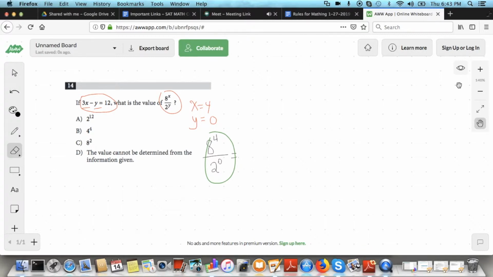Wait, well, what do you mean? 8 to the power of 4 over 1, which is what? 8 to the power of 4. 8 to the power of 4, at the very least, right? Whatever that is, I'm not too worried about at the moment. But does it make sense when x is 4 and y is 0, that expression up here equals 8 to the power of 4? Does that make sense? Yes. Questions about that? No. Caroline, are we good? Yep, we're good. Okay, good.